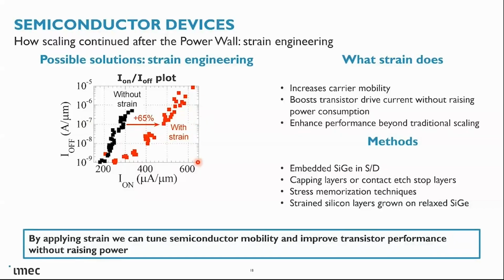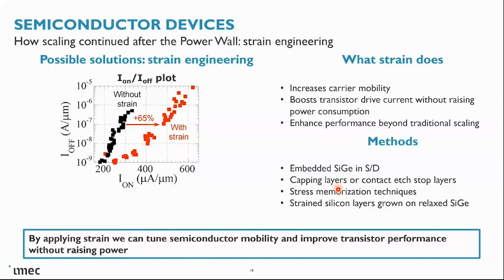Here is an example of how the I-on current could improve by 65% with strain with respect to an unstrained device, keeping the same I-off. So what strain does is increase carrier mobility, boost the transistor drive current without raising the power consumption, and enhance performance beyond traditional scaling.